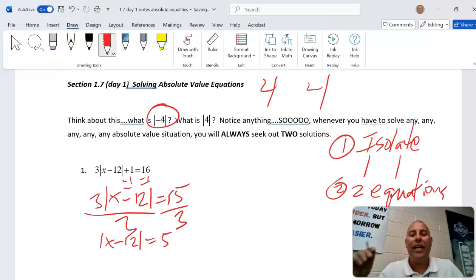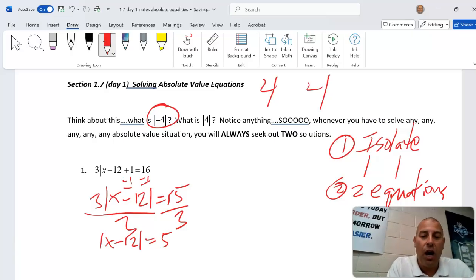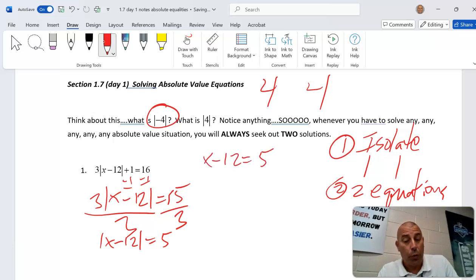Check. Now we have to set up our two equations, because remember, a positive and a negative, when we take the absolute value of it, still gets us to the same answer. So our one equation we're going to write out is x minus 12 equals 5. So really all we're doing is ripping off those absolute value bars and leaving the first one alone.